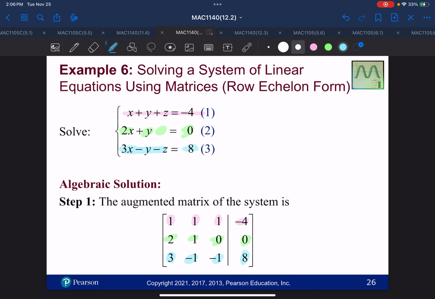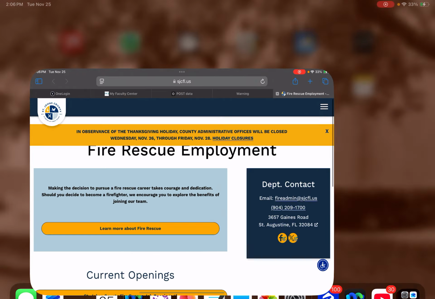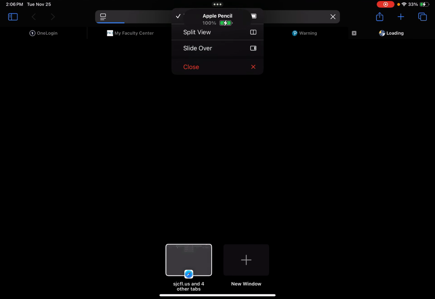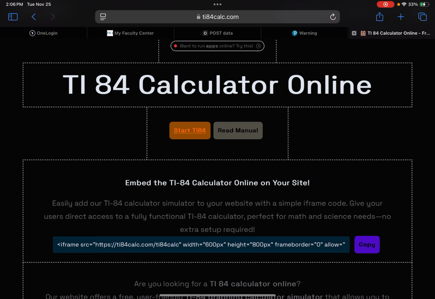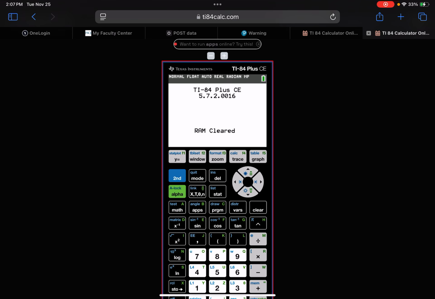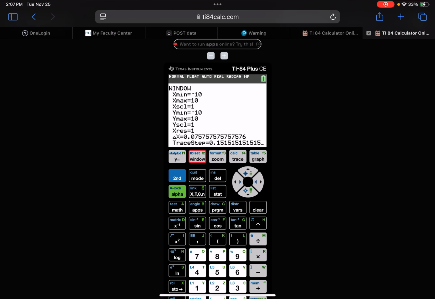I am going to go to the TI-84 and show you how to enter the matrix into your calculator and then get the row echelon form of the matrix.